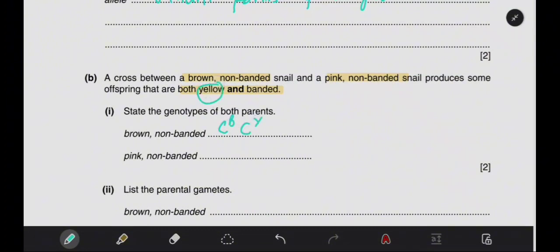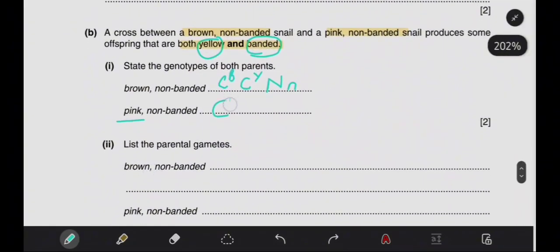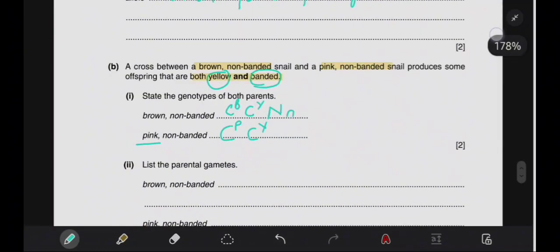And for the parent that is non-banded, capital N is for non-banded, which is dominant over small n, which is banded, and we know that the offspring is banded. That's why we are taking the heterozygous condition and not homozygous. Similarly for pink, it's CP, CY, and we know that CP is dominant over CY, and it is also non-banded, so Nn.